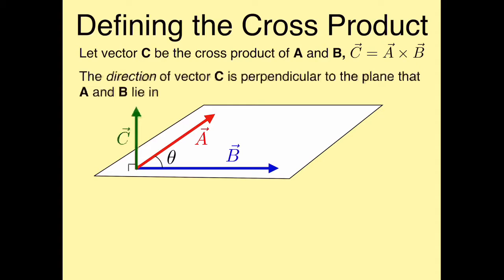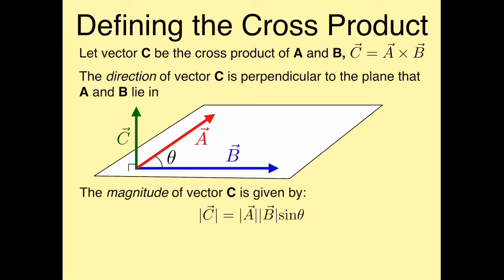Vectors A and B shown in the diagram lie in some plane, shown here in white. The direction of vector C is perpendicular to that plane, in other words, perpendicular to both vectors A and B. So we'll show it going perpendicular to this plane in our picture.